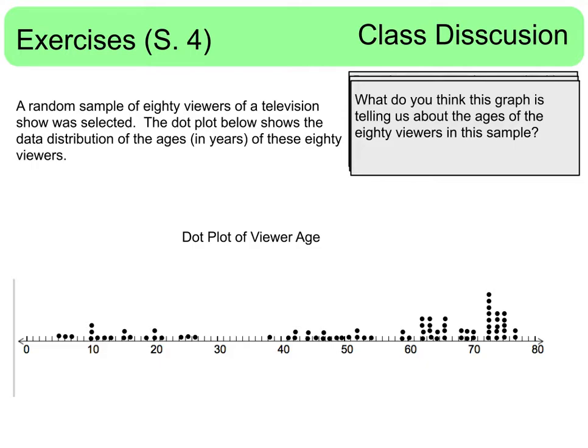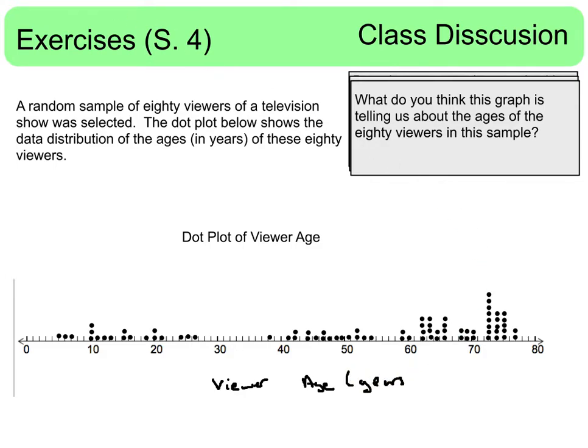We might say that the typical age of viewers, and that's what's missing on the bottom of this, we want to note that this is the age, or the viewer age, so we know what kind of data we're talking about, and that would be in years.